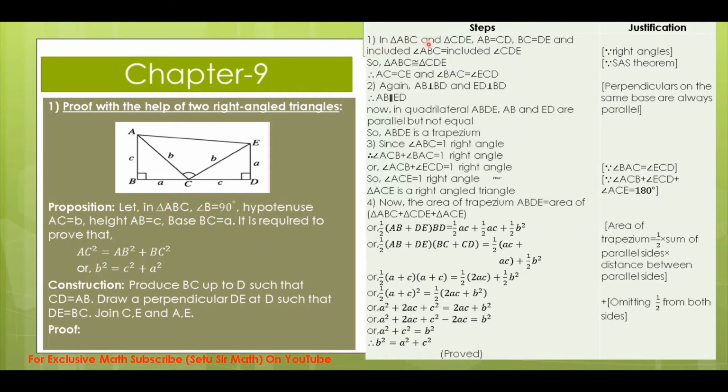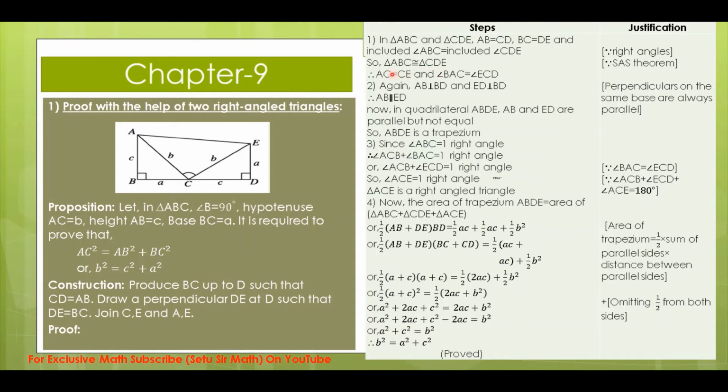In triangle ABC and triangle CDE, AB equals CD from the construction we know, BC equals DE from the construction we know, and included angle ABC equals included angle CDE because they are right angles. So we already got side angle side, that means two sides and an angle are equal, so we can say triangle ABC is congruent to triangle CDE.